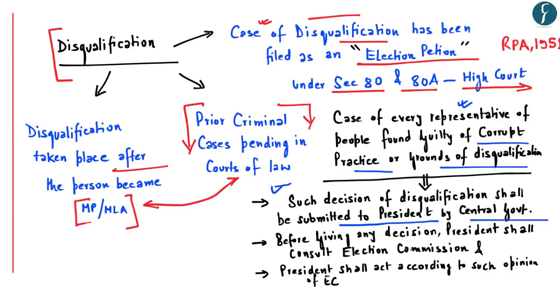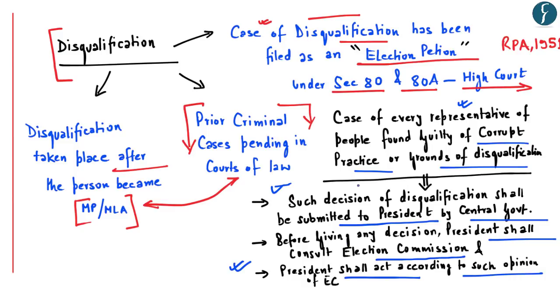Now, before giving any decision, the President of India shall consult the Election Commission, and the provision says that the President has to act mandatorily as per the opinion given by the Election Commission with respect to disqualification of any particular candidate or of any MP or MLA.